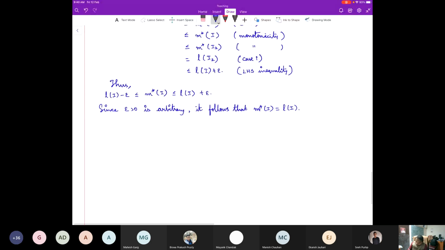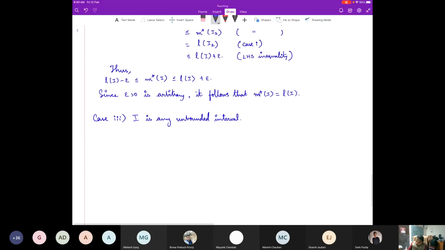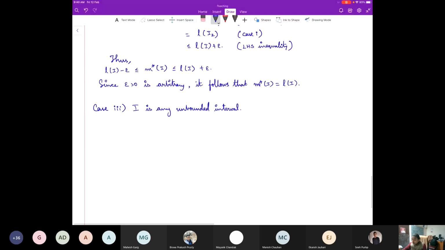Right. The last case, I is any unbounded interval. So how do you show that something is unbounded?